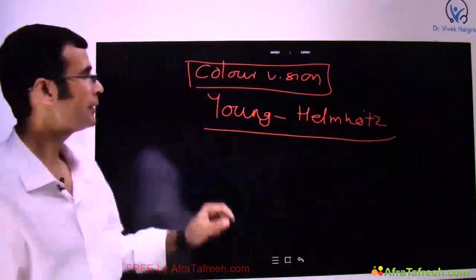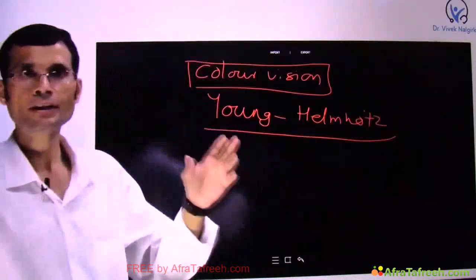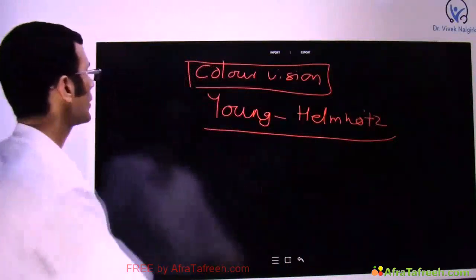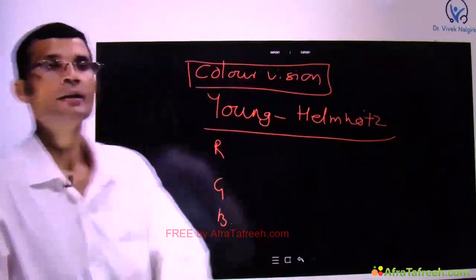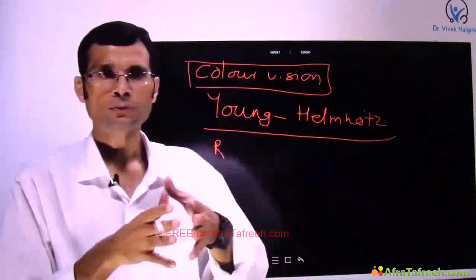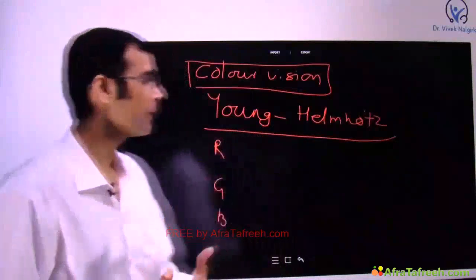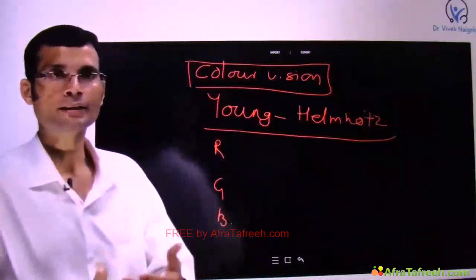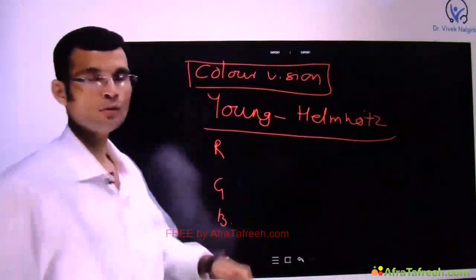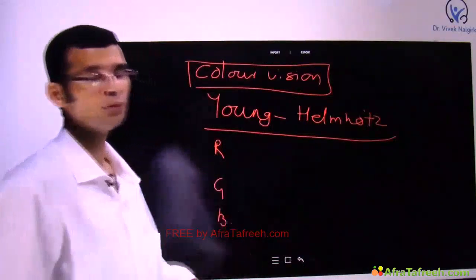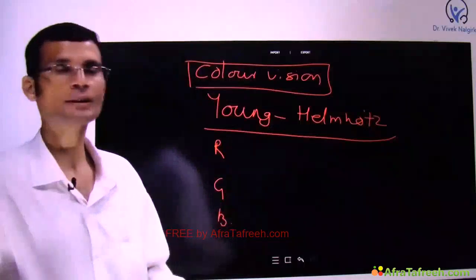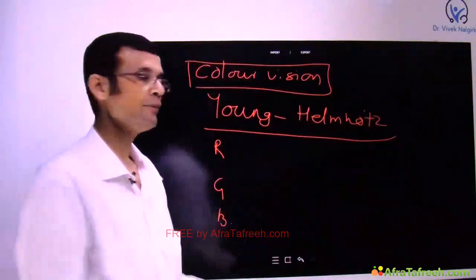According to this theory, there are 3 cones, red, green and blue. For example, red monochromatic light will excite the red cones by 100% stimulus value, but green and blue cones will not be stimulated at all, and it will be perceived as a red light.